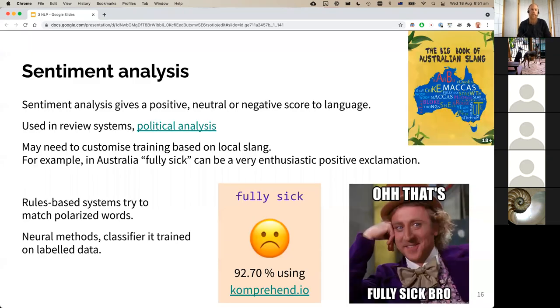A common activity here is sentiment analysis. This is used a lot in, say, product reviews, online shopping, chatbot interactions.